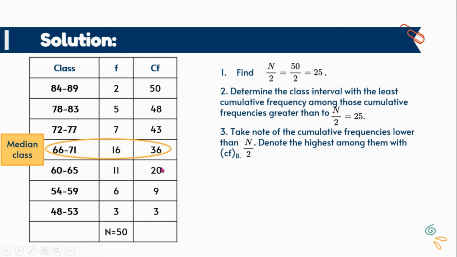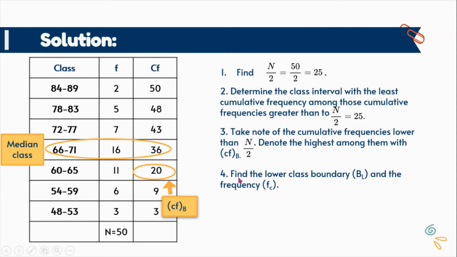This is now our CF sub B, or the largest cumulative frequency lower than n over 2. Next, find the lower class boundary, or B sub L, and the frequency of the median class.